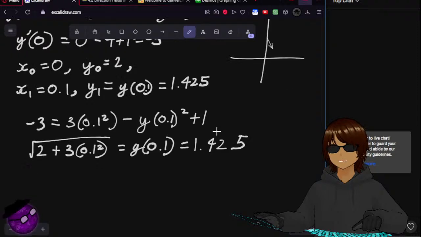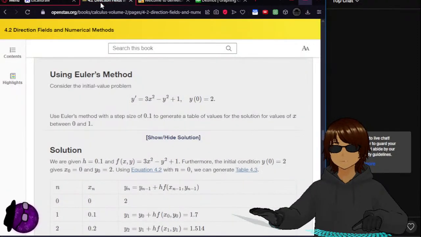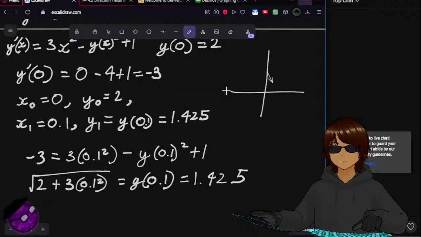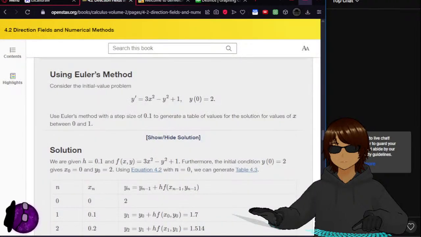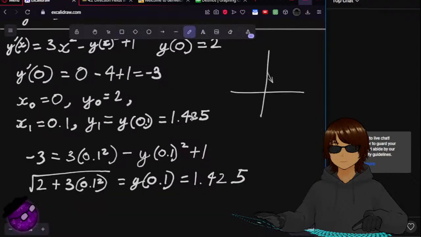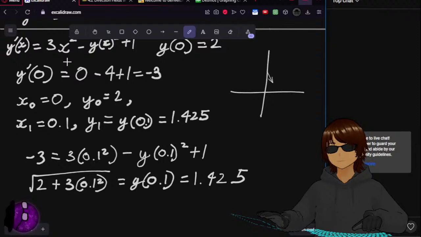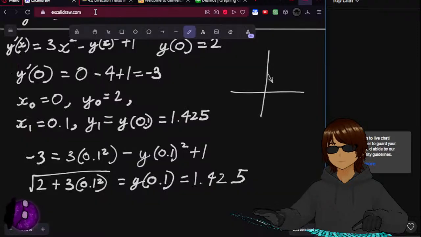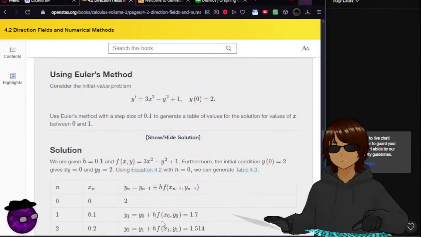But then how do you find the next one? Is this correct? 1.425? No, it is not correct. It is 1.7. So the actual derivative is this. And you're treating x as 0.